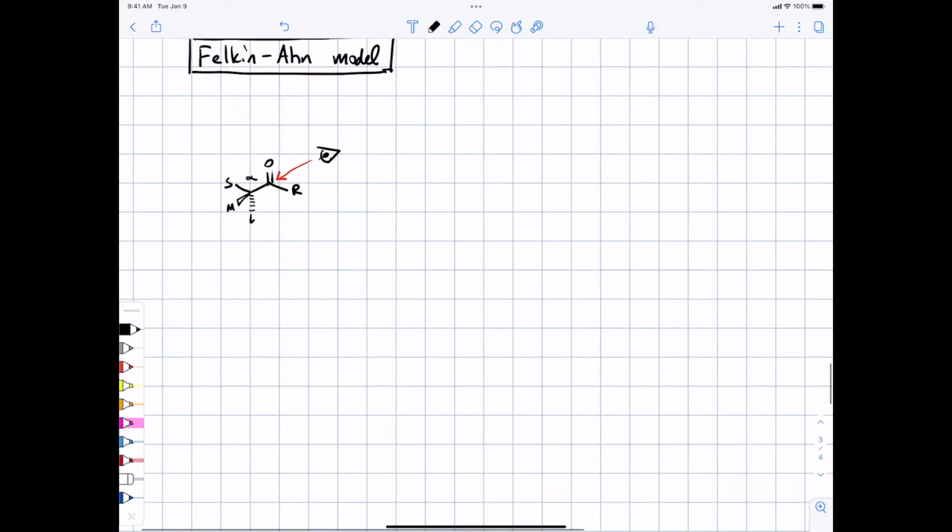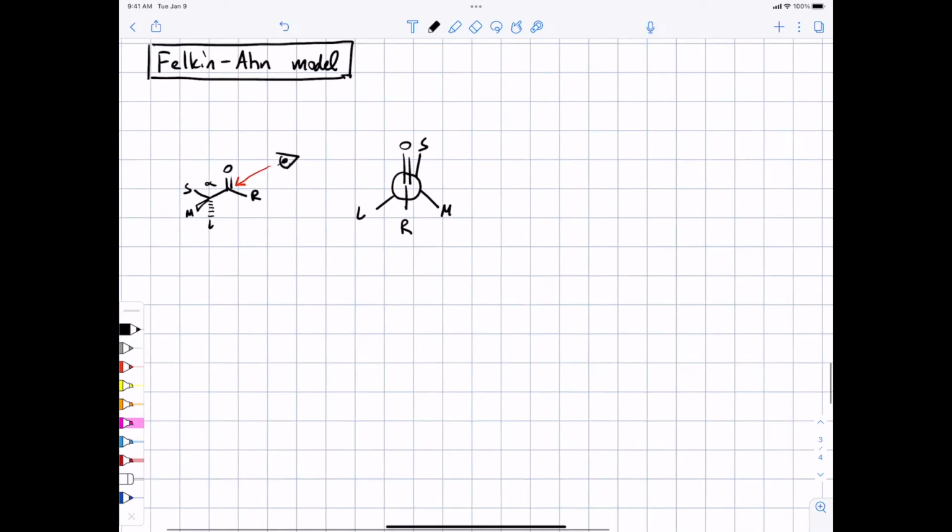If we do that, in our carbon in the front, the carbonyl oxygen's going up, the R group is going down, and then in the back, we have the small, the large, and the medium group, okay? And we can ask, as I've currently drawn it, we have the small group here, the large group here, and the medium group there.